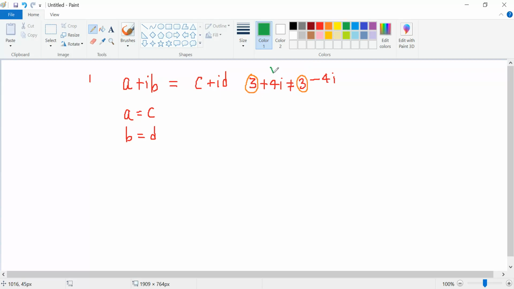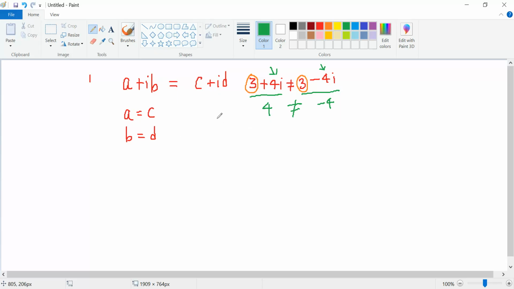But the imaginary parts are not equal. The imaginary part of the first complex number is 4, whereas the imaginary part of the second is negative 4. So they are not equal, and so the two complex numbers are not equal. I hope that idea is clear.